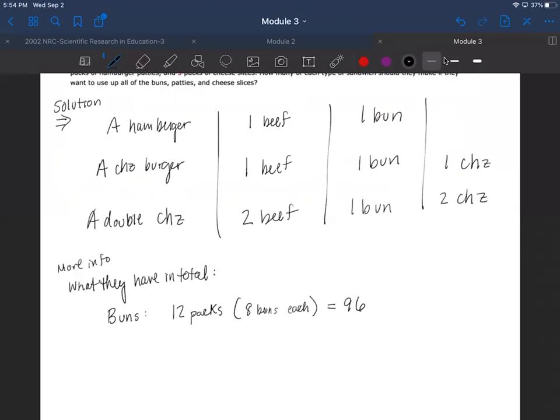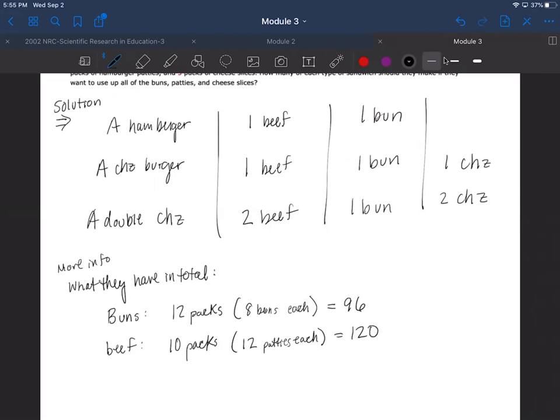For the beef patties, they bought 10 packs with 12 patties each, which gives us a total of 120.